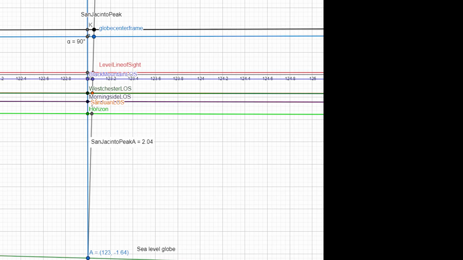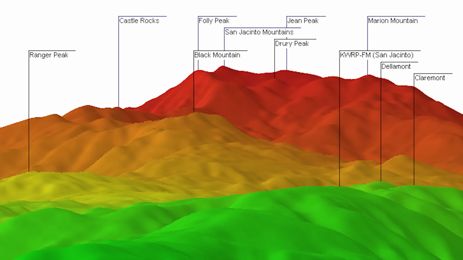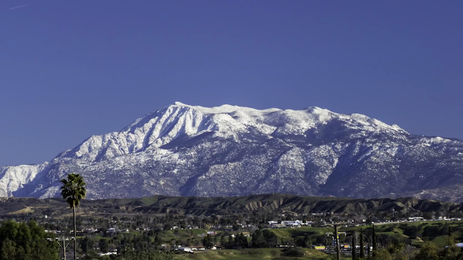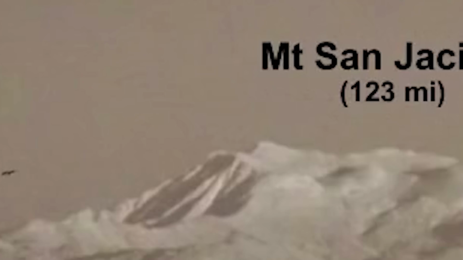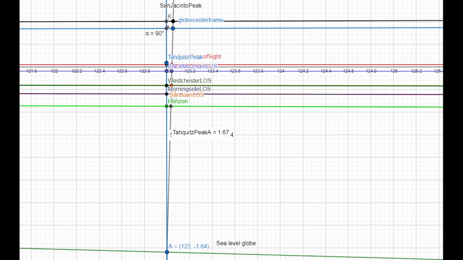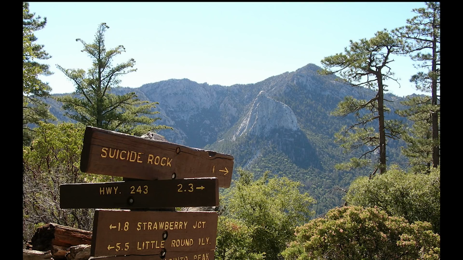Elevation above MSL 10,800 feet equals 2.04 miles. Turquoise Peak. Distance 123 miles. Elevation above MSL 8,846 feet equals 1.67 miles.